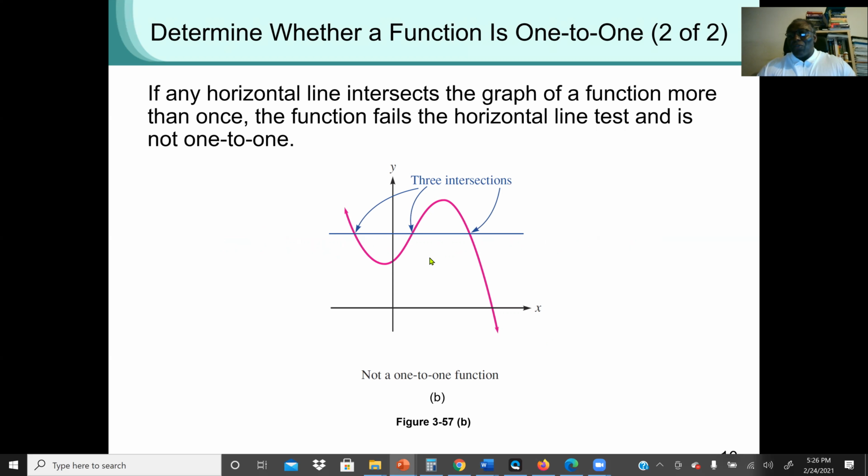It means we have one input generating two different outputs, because a vertical line means we have one input, x. If it touches twice, it means it's generating two or more different outputs. So always we use the vertical line to test whether a graph is a function. Then we use the horizontal line to test whether a graph is a one-to-one function.